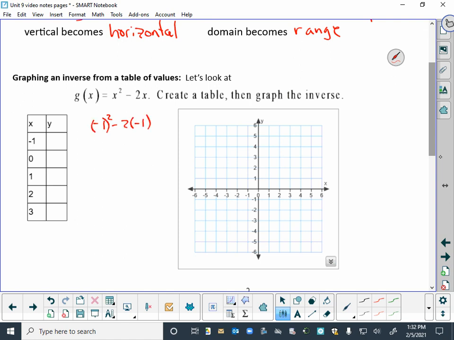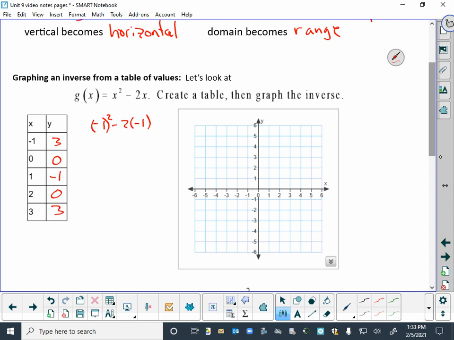So that's 1 plus 2, which is 3. If I put a 0 in, I get a 0 out. If I put a 1 in, I get 1 minus 2, that's -1. If I put a 2 in, I get 2 squared, which is 4 minus 4, so I get a 0 out. And if I put a 3 in, I get 9 minus 6, that's 3.